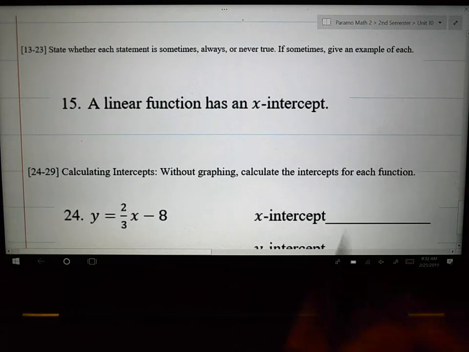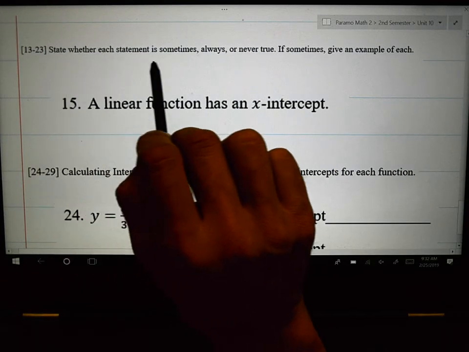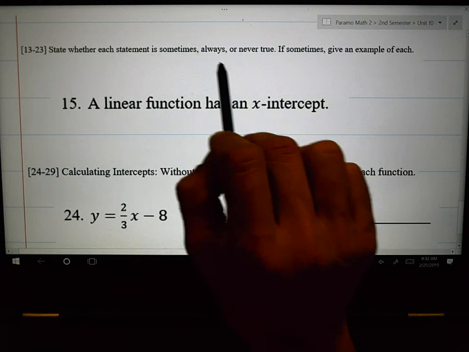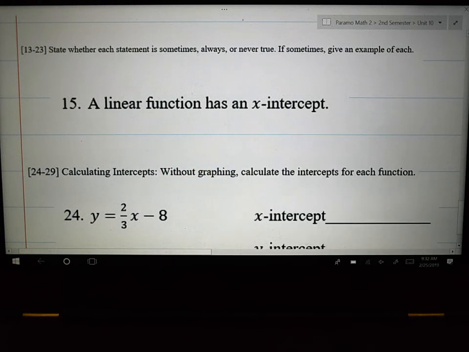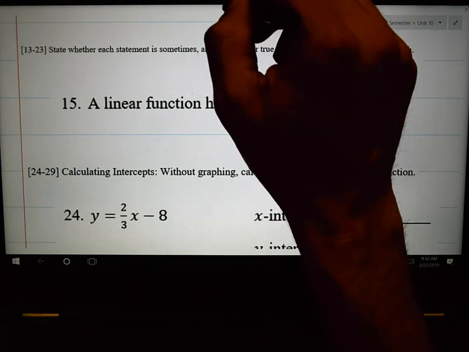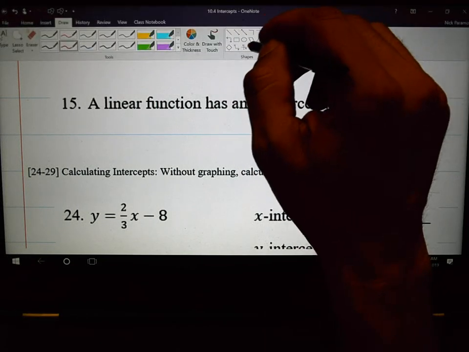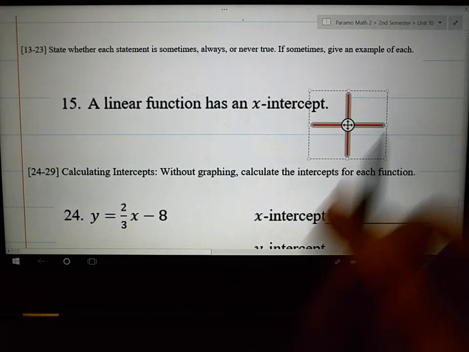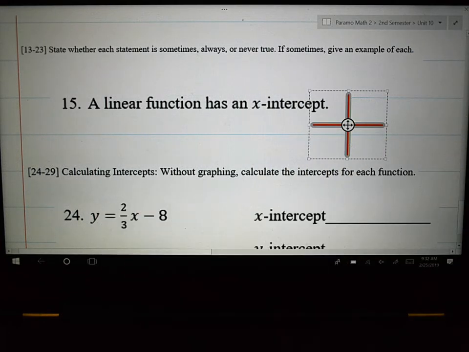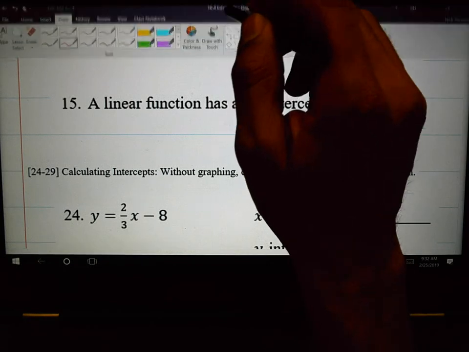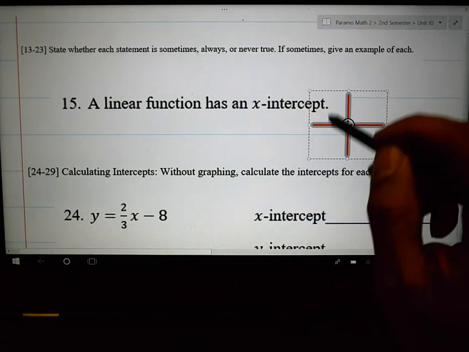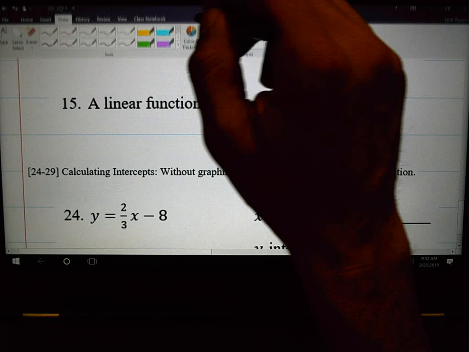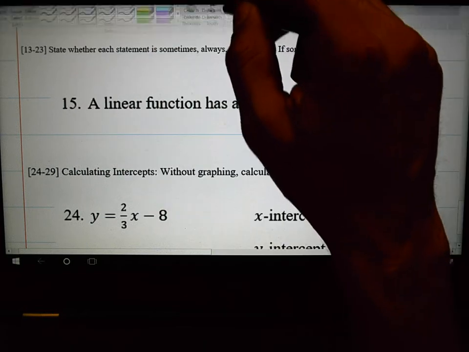It says, state whether each statement is sometimes true, always true, or never true. If it's sometimes, give an example of each. A linear function has an x-intercept. Now, if you don't remember what a linear function is, that's just basically saying a line. I'm going to change colors to blue, and then I'm going to pull up this line.